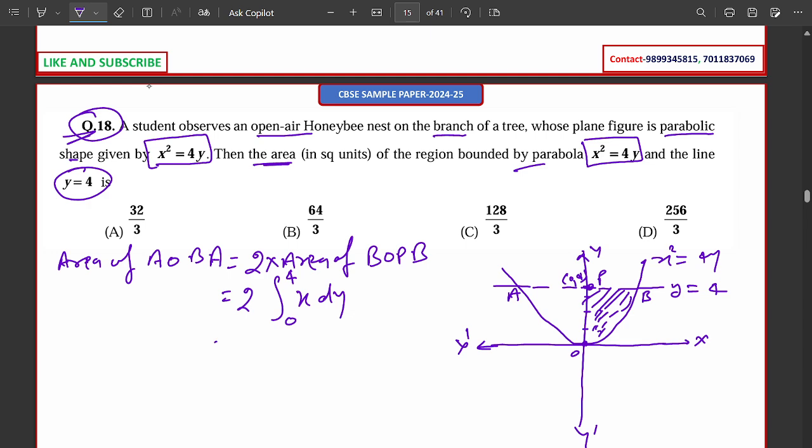So first of all, we should find the value of x. So we have to put it here. So the equation of this is relation 1, and now x square is equal to 4y. So x is equal to square root of 4y.